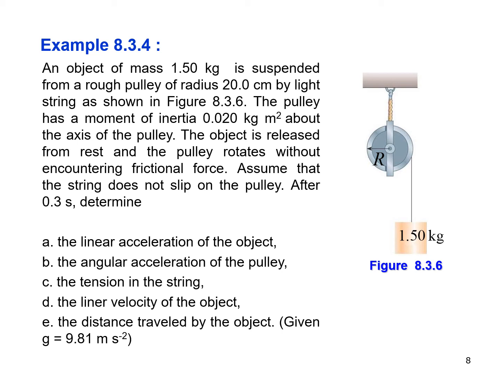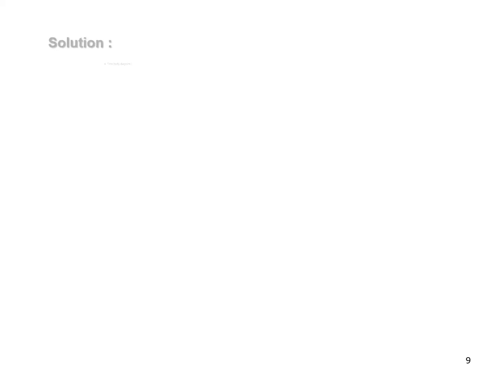Over here they have given the value of constant g, which is equivalent to 9.81 meter per second square. For the solution, as usual, the first thing we need to do is draw a free body diagram. Over here we have two bodies.